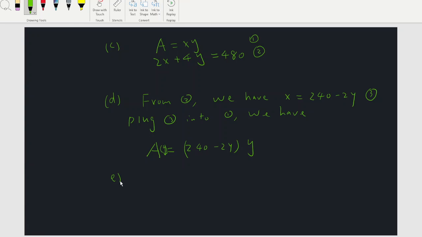I will show you what I mean. Now the problem is to find the maximum value of A. A is a function of y. We're going to determine the domain of the function, so basically, the largest possible value of y and the smallest possible value of y.